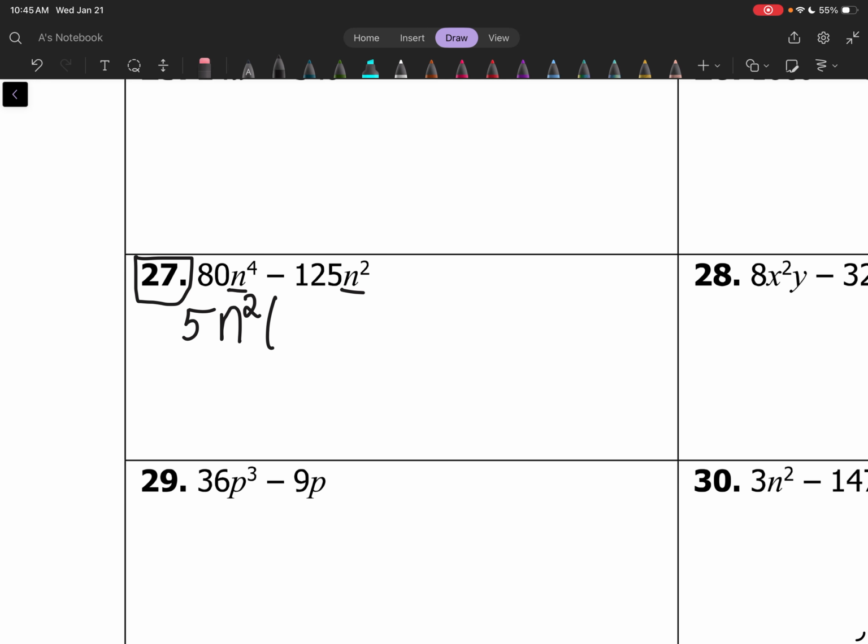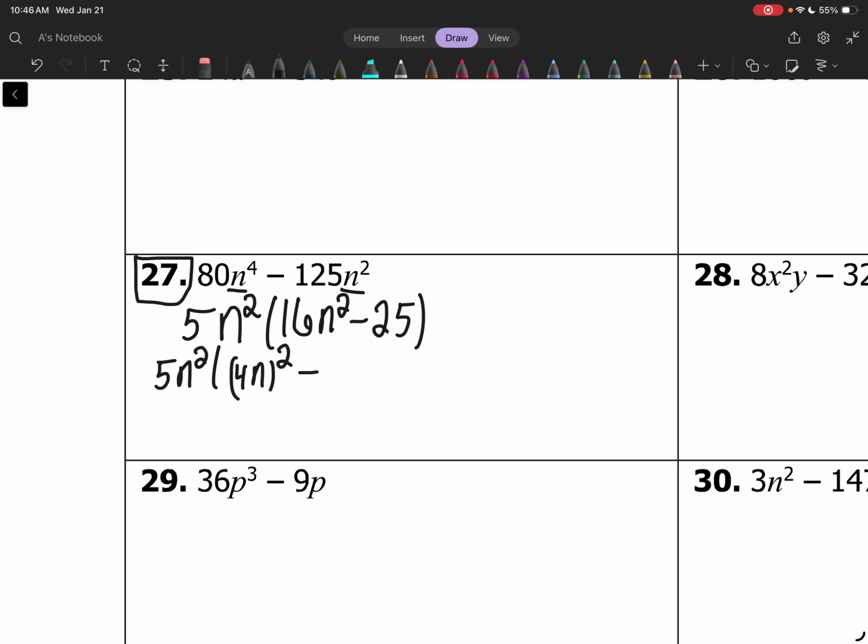I am left with 16n squared minus 25, and no n's because I pulled both of them out. 5n squared. Square root of 16 is 4.